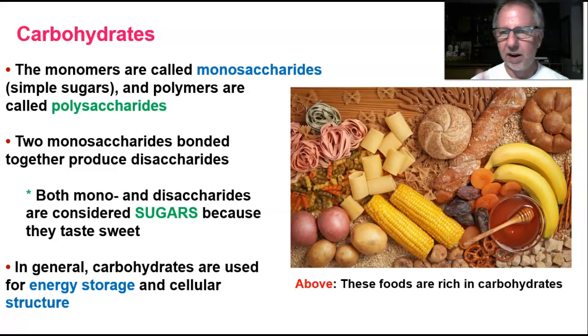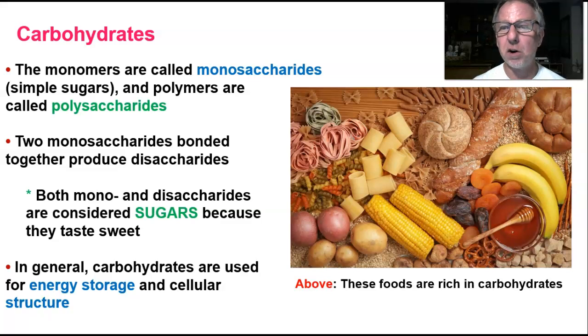Before we go, I put a photo on the slide here to give you some sense of what kinds of foods are rich in carbohydrates, rich in sugars. So you can see potatoes, they're full of starch, which is a polysaccharide. You can see pasta, which is also full of starch, a polysaccharide.